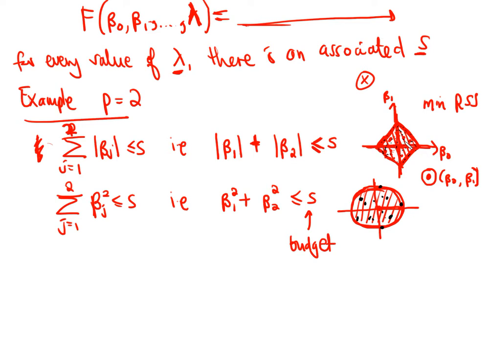According to this budget, the diamond that we have drawn, they are outside the budget. So which means they are failing to satisfy our budget. So it means there are actually way better beta 0 and beta 1 that we can look for.